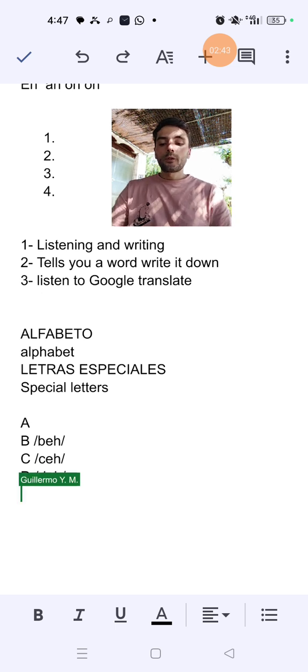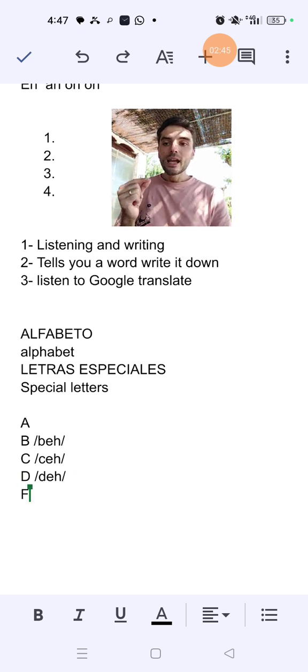Now, for example, with the F, every time the name of an English consonant starts with the E, like F or L or M, in Spanish we keep that sound, we keep the F, but we put an E at the end.